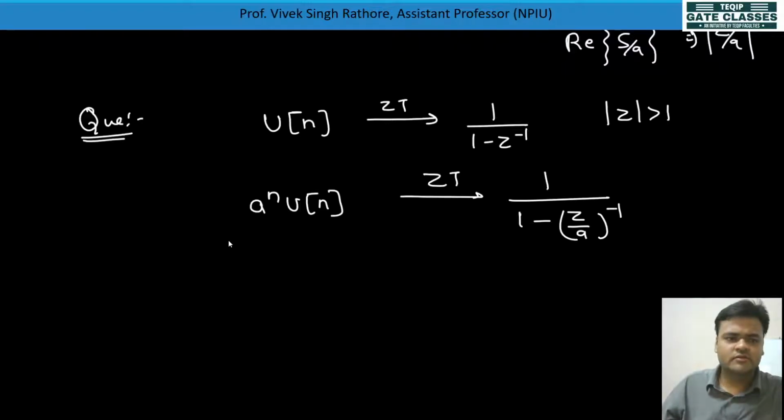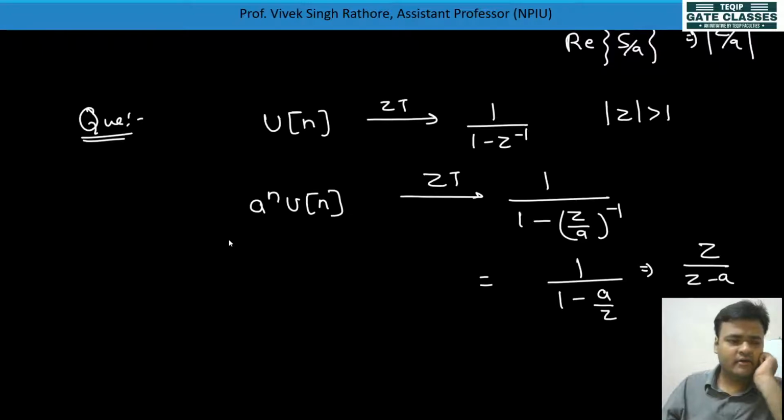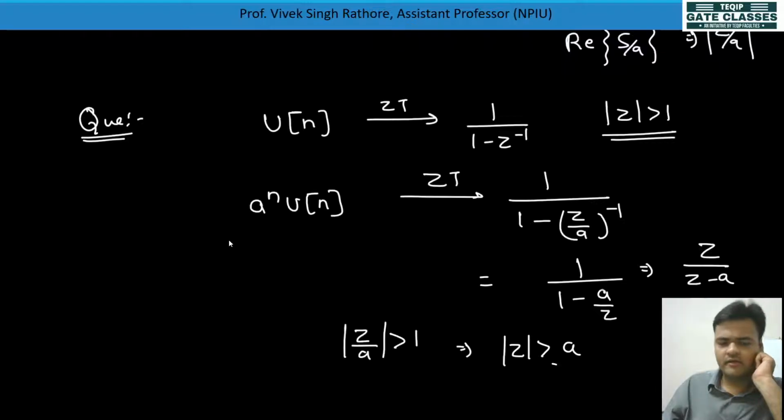So this can be written as 1 by 1 minus a by z inverse, or z by z minus a. Earlier it was mod z greater than 1; here mod z by a is greater than 1. This implies mod z is greater than a, so this will be the ROC.